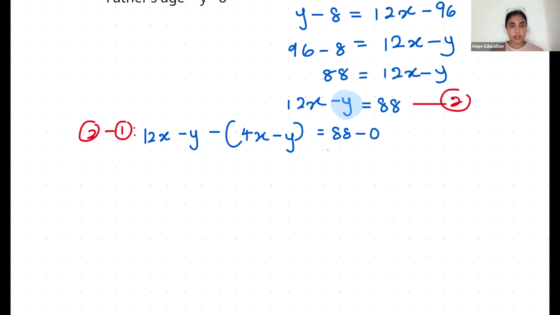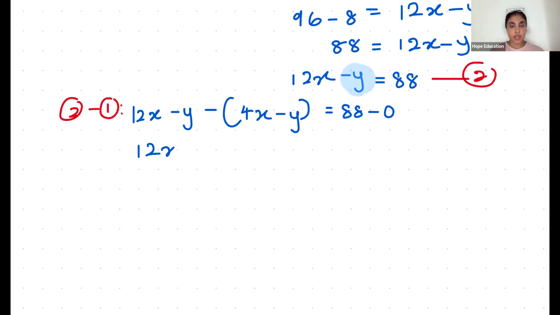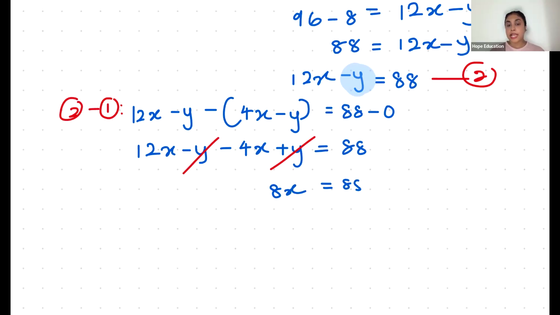So 12x minus y minus 4x plus y equals 88. Minus y plus y cancel. Now we have 12x minus 4x, that is 8x equals 88. Divide both sides by 8, we get x equals 11.